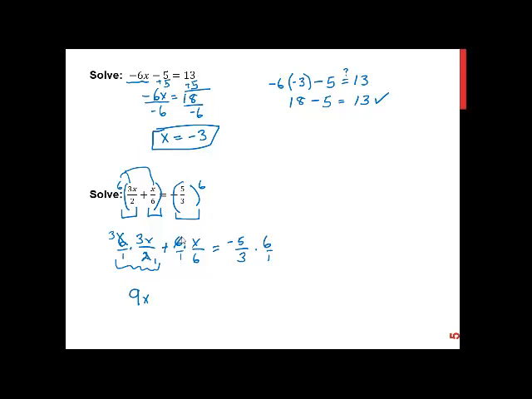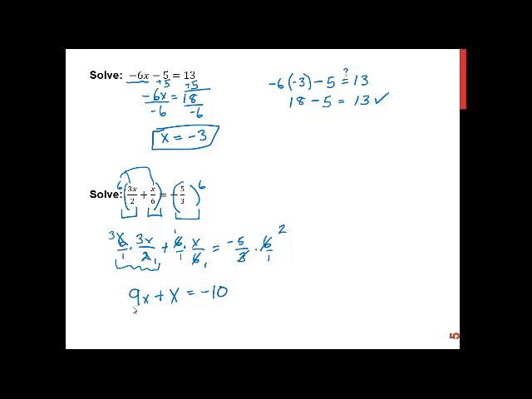In our second term, we divide the top and bottom by 6, and we end up with just 1x equals, and on our final term we can divide the top and bottom by 3, and that gives us a negative 10.